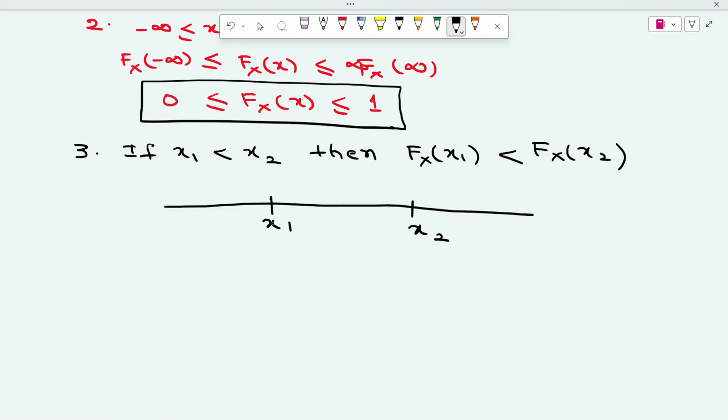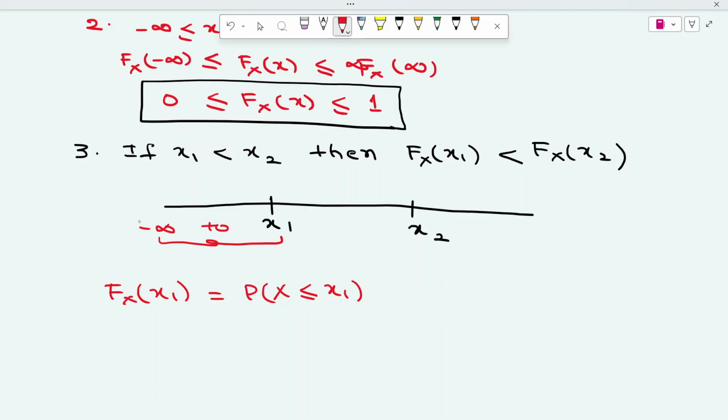Fx(x1) is the probability of X less than or equal to x1, that is, from minus infinity to x1.